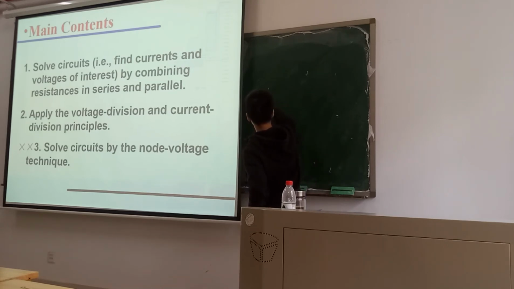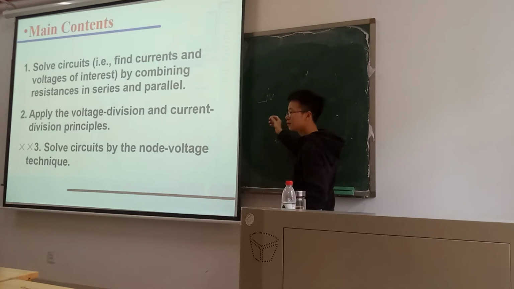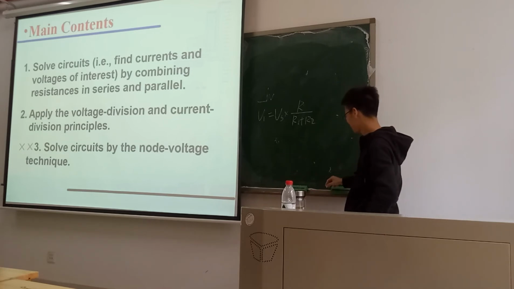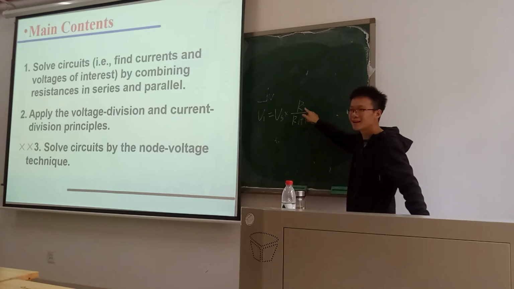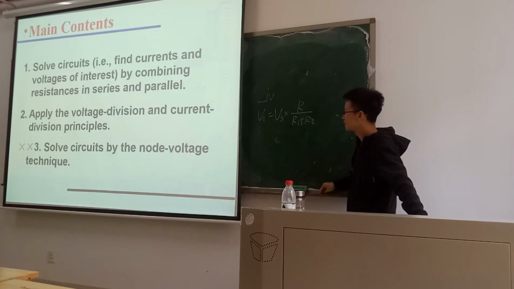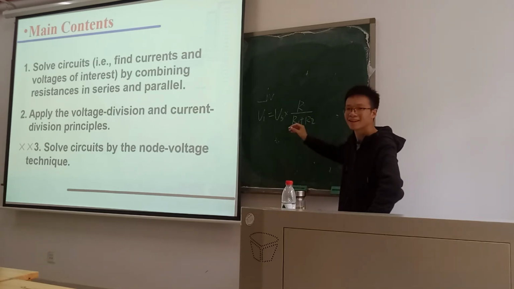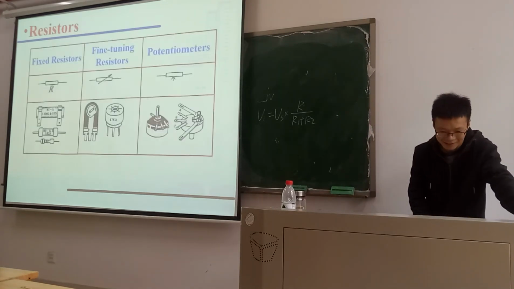If the two resistors are in series, V1 is equal to Vs multiplied by R1 over R1 plus R2. Students question whether it is R1 or R2 in the numerator.